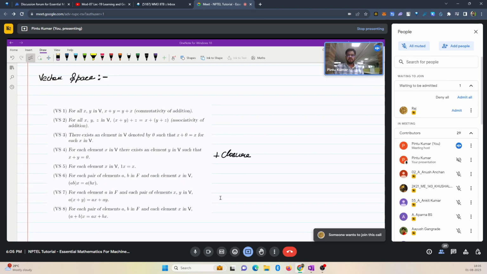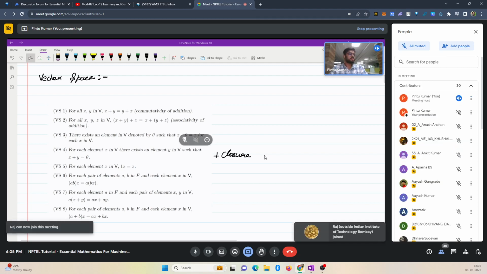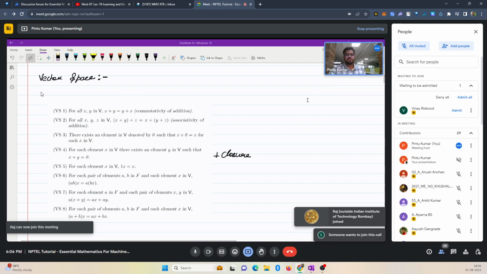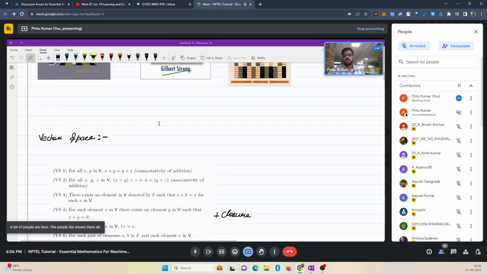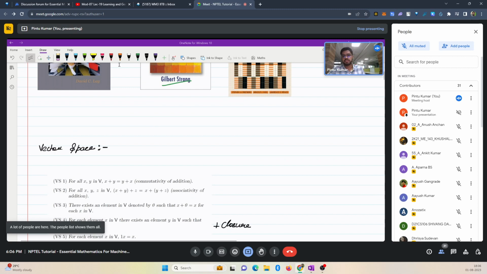I'll begin with defining what is called a vector space. Linear algebra is nothing but the study of vector spaces. So to begin the study of vector spaces, we first must know what a vector space is, right? I'll give you a very lucid kind of explanation. This is not a very formal explanation. In linear algebra, you need four things.